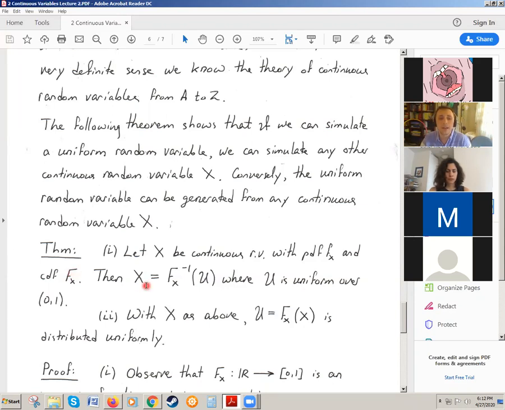So what the first part of this theorem claims is that if I have a uniformly distributed random variable u over 0, 1, I can obtain x by applying the inverse of the cumulative distribution of the variable x to u, and that will generate x. Make sense? So that's how I simulate.